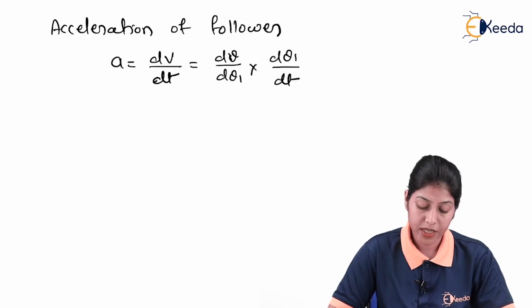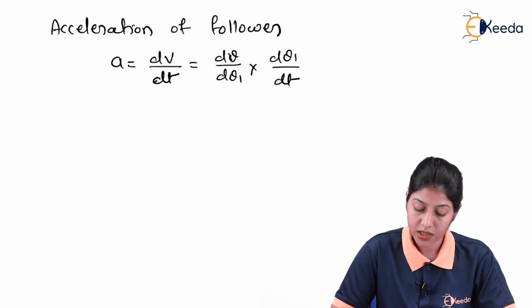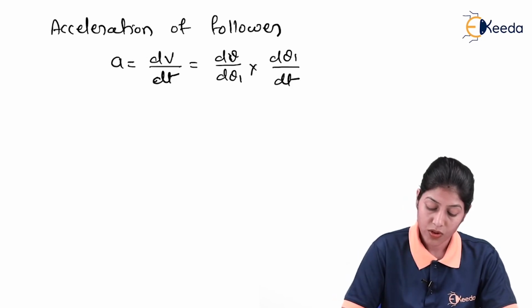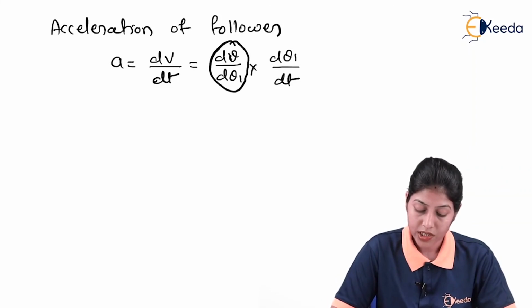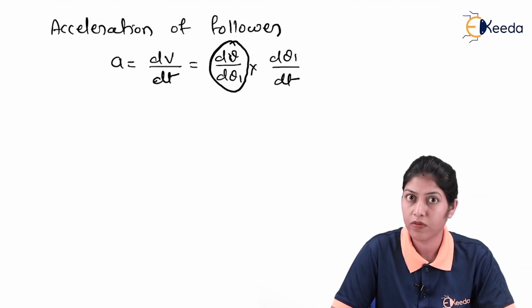So acceleration will be dv by dt, and it will be equals to dv by d theta 1 into d theta 1 by dt. So here this particular equation we will use to define the acceleration, change in velocity with respect to theta 1, and this d theta 1 by dt will be the angular velocity of cam.